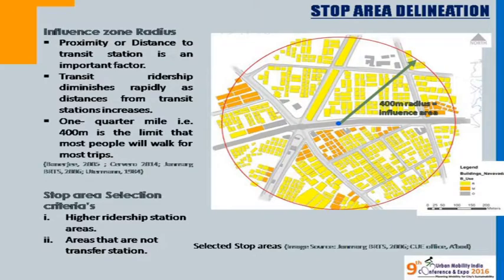So different locations in Ahmedabad were taken up. These were based on high ridership area stations, and they were not transfer stations, as transfer stations would have other dynamics working into them. That's why only stations which are not transfer stations were selected.